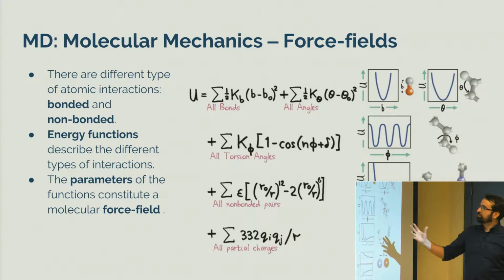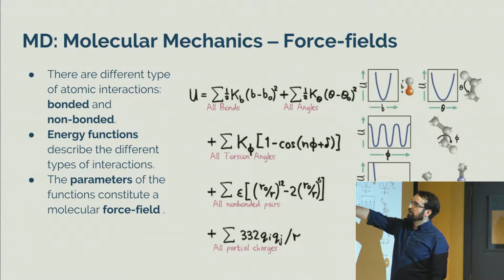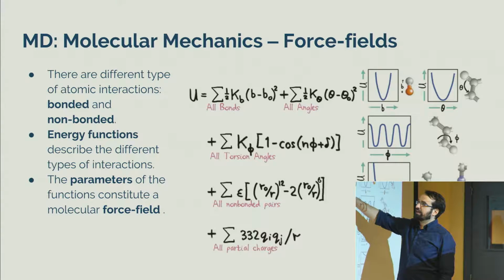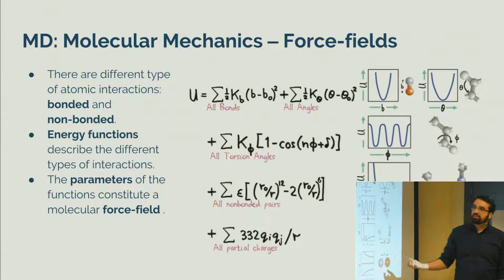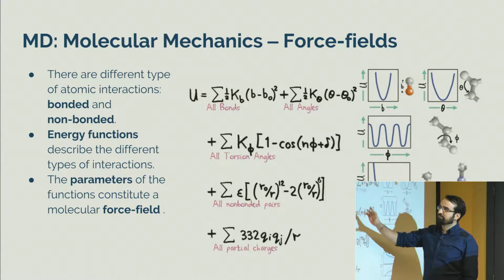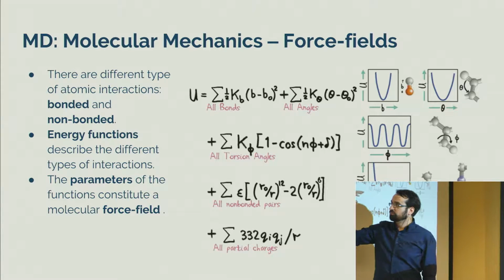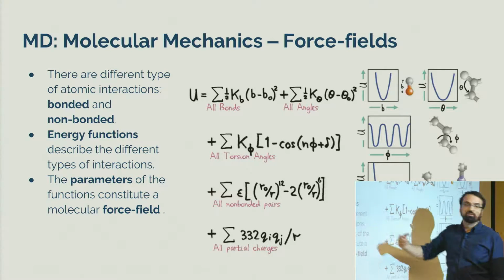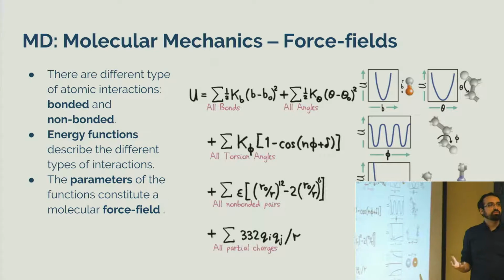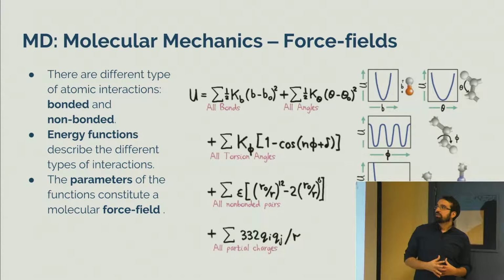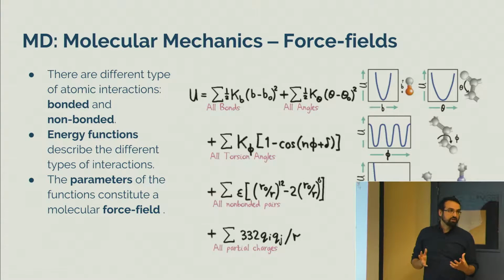This is basically an equation description of the energy function that describes the system. We have different types of atomic interactions that we describe with these force fields, which are bonded or non-bonded. This is just a physical atomic model that we have for our system of interest.